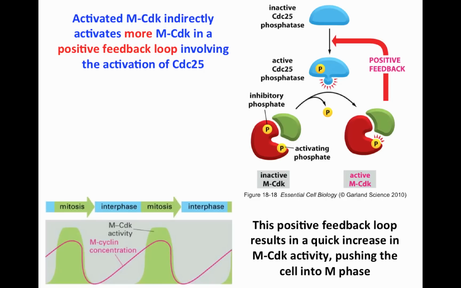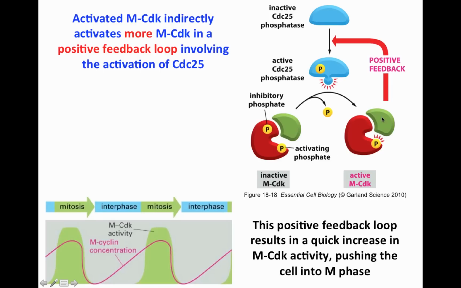But I mentioned to you also that active M-Cdk can phosphorylate other molecules like the APC, the anaphase promoting complex. In that case, you have a negative feedback loop where the phosphorylation of the APC molecule will activate it, and therefore it will then work to lead the M cyclin to destruction by the proteasome.